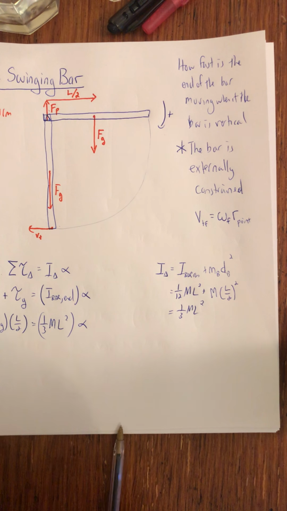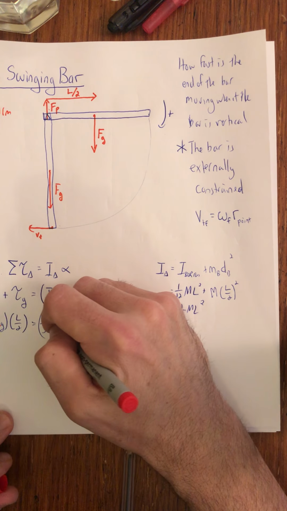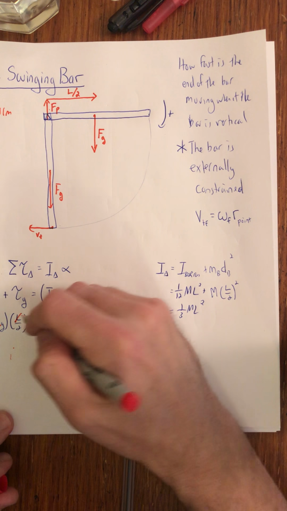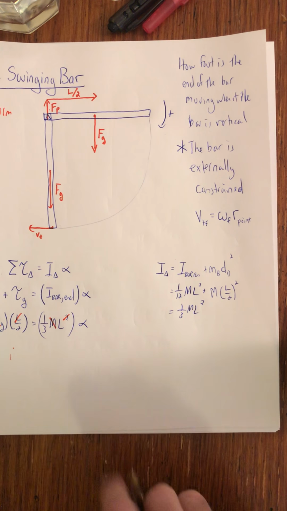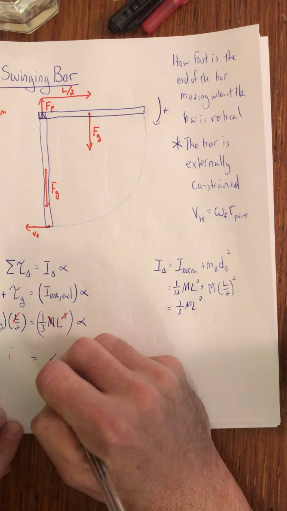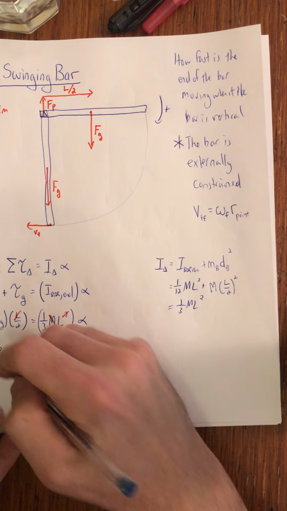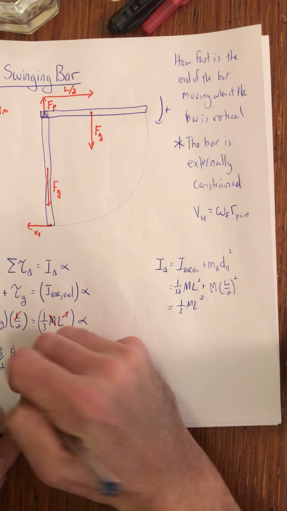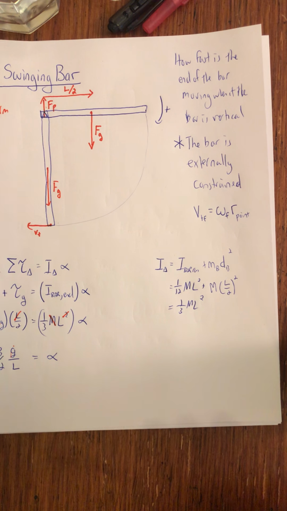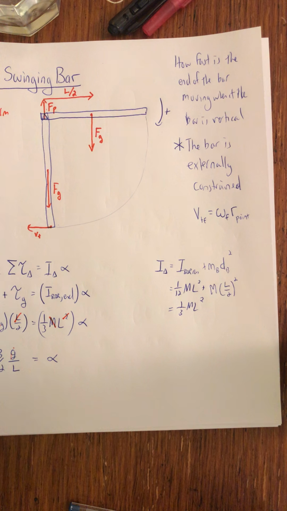And we can do some magic canceling. The masses cancel. And L cancels. And I get here that alpha is equal to 3/2 G over L. Okay? Now, that has some interesting implications.